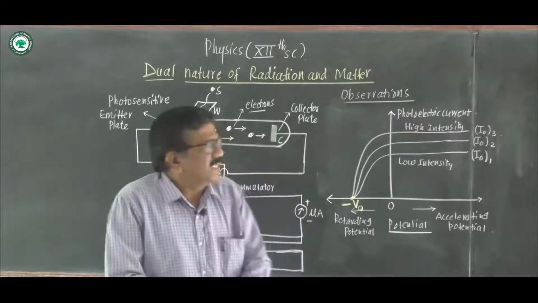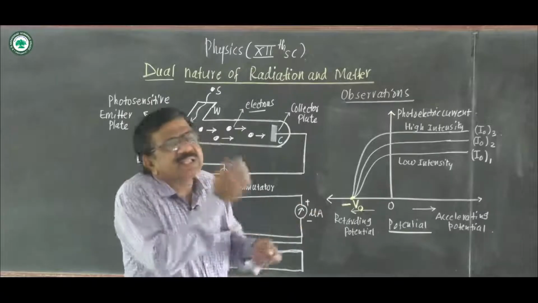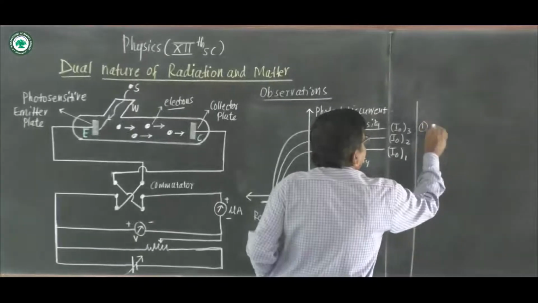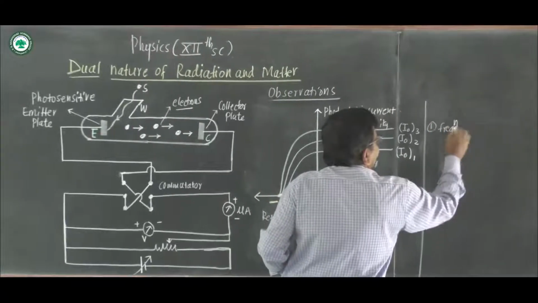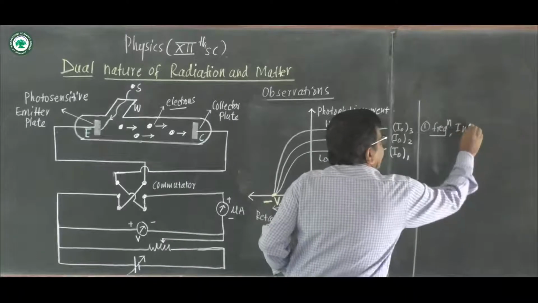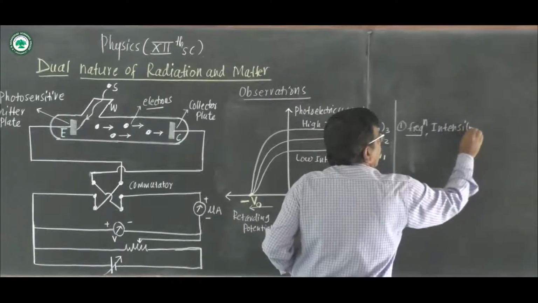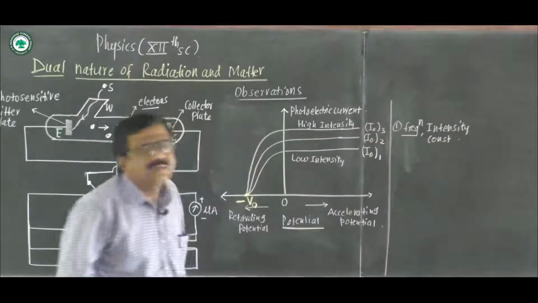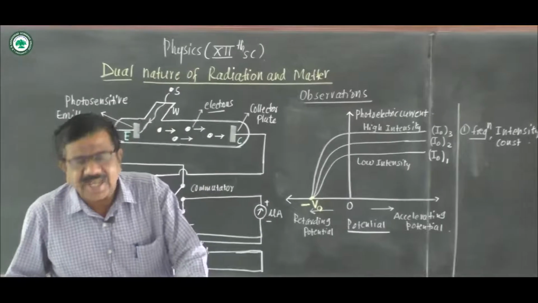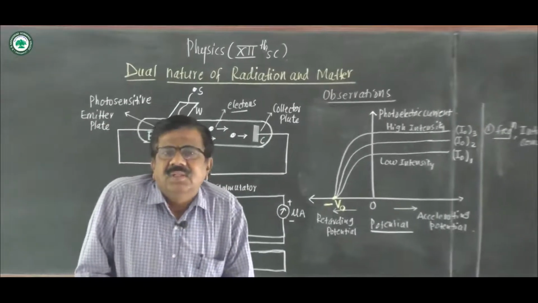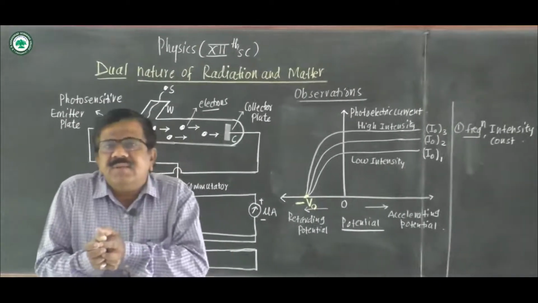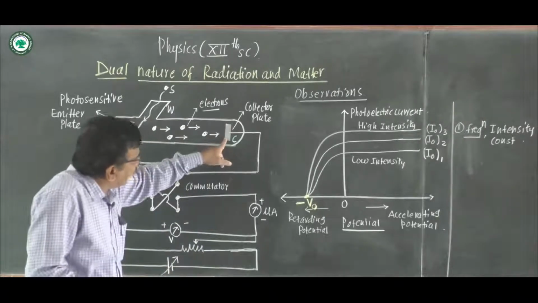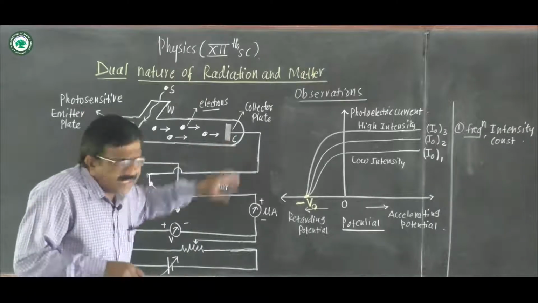One main thing: frequency and intensity are kept constant. First point, frequency is greater than threshold frequency, and these two quantities are kept constant at a fixed value. Then the positive potential given to this collector is increased.